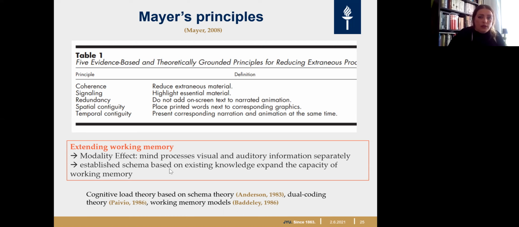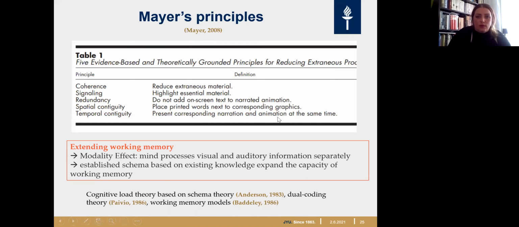So his principles are based on the extraneous cognitive load, and these 5 here are ones that have been experimentally tested. So there are more than these, but these are the ones that contain empirical evidence: coherence, signaling, redundancy, spatial contiguity, and temporal contiguity.